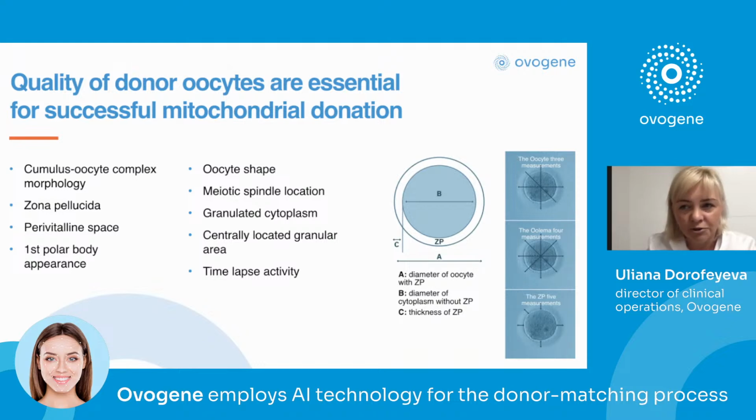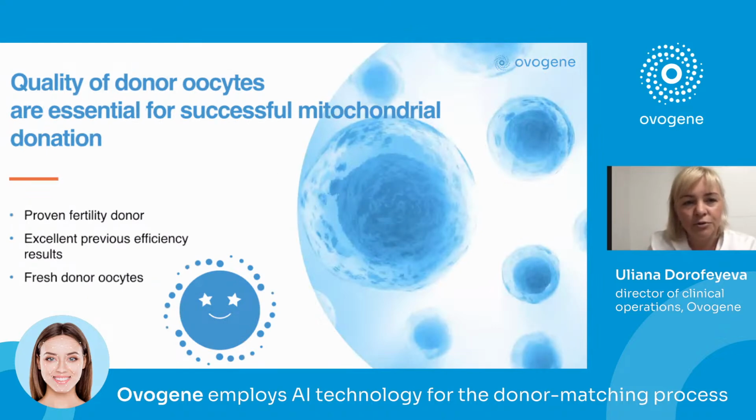Donor oocytes are essential for the success of the mitochondrial donation, because in addition to the fact that we need to check precisely the morphology of the donor oocytes, which we do routinely for all of our cases, it is very important to control that the donor who is going to be used for mitochondrial donation treatment is a proven fertility donor. By proven fertility donor, we understand both having her own children born and healthy, as well as children and clinical outcomes achieved while using her oocyte donation.